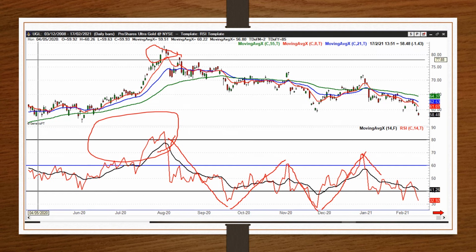And down it goes, and it doesn't come back up again to the 60 or the 70 or the 80. It stays down in this zone down here, which tells us we continue on in our bear phase. And these lows are also into the bear phase.